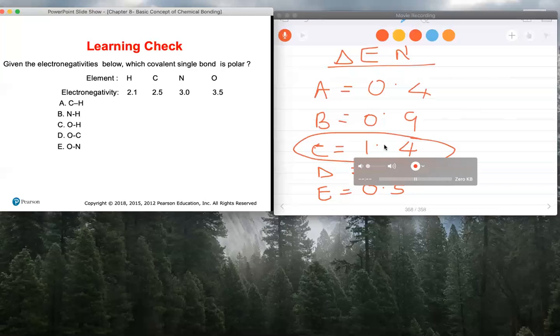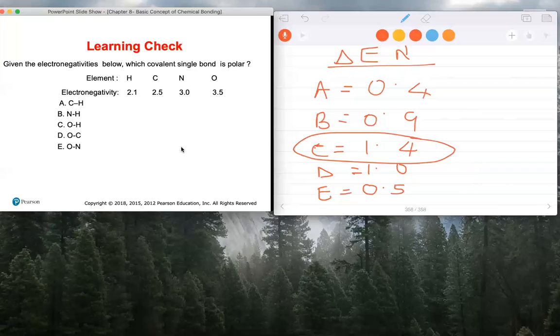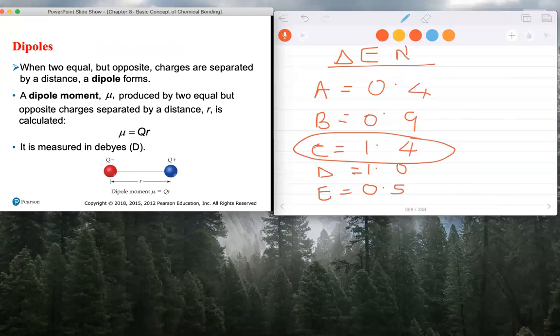Other than that, if you look at all of them, they are covalent bonds, they are single bonds. The change in electronegativity values helps you determine which one is the most polar. That means there is greater displacement of electrons.